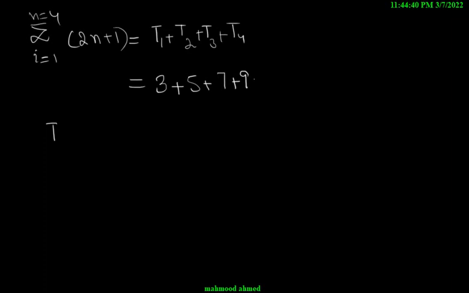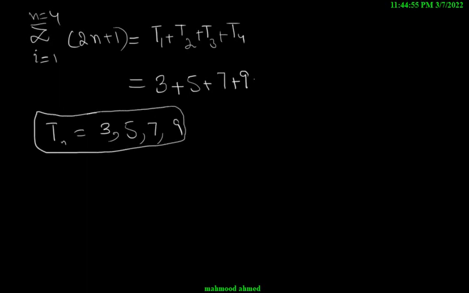If you look very carefully, you see that tn, basically 3, 5, 7 and 9, is an arithmetic sequence.